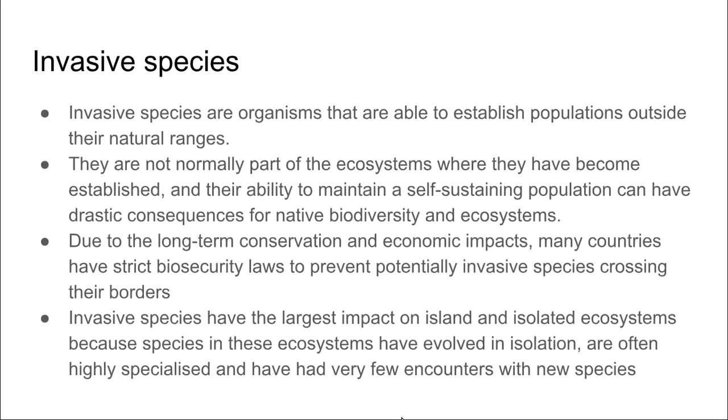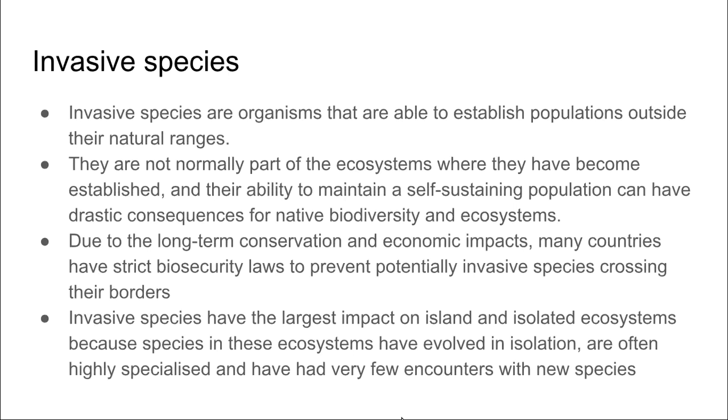It's because invasive species have an ability to maintain a self-sustaining population. So due to long-term conservation and economic impacts, many countries now have strict biosecurity laws to prevent potentially invasive species crossing their borders. Obviously they see big changes in their ecosystems, just like we have in Australia.